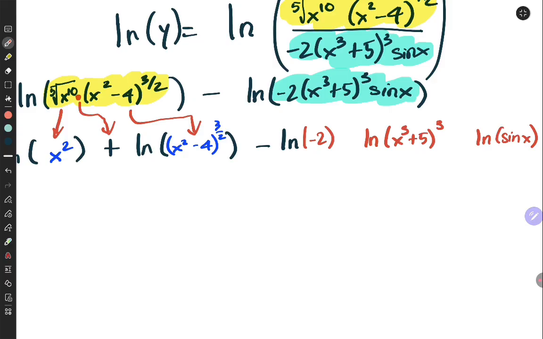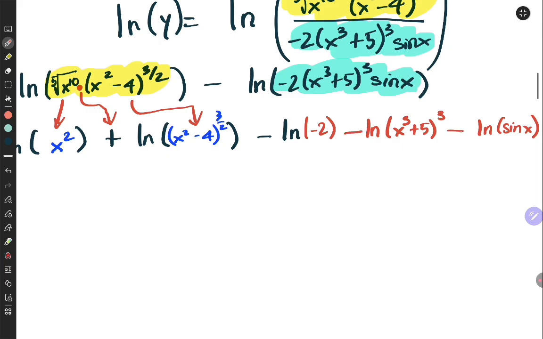But before all of this, there is a subtraction, and that is stronger than all of this. This one is going to be inside: minus this, minus this, minus this. In other words, FOIL the minus inside. That's how you get the minus.